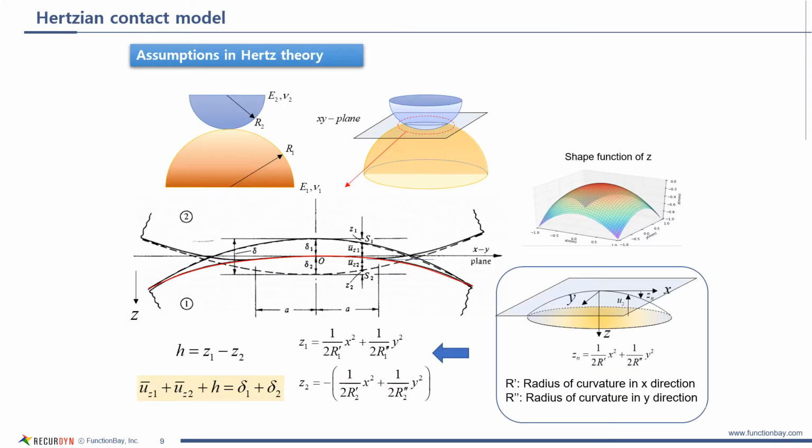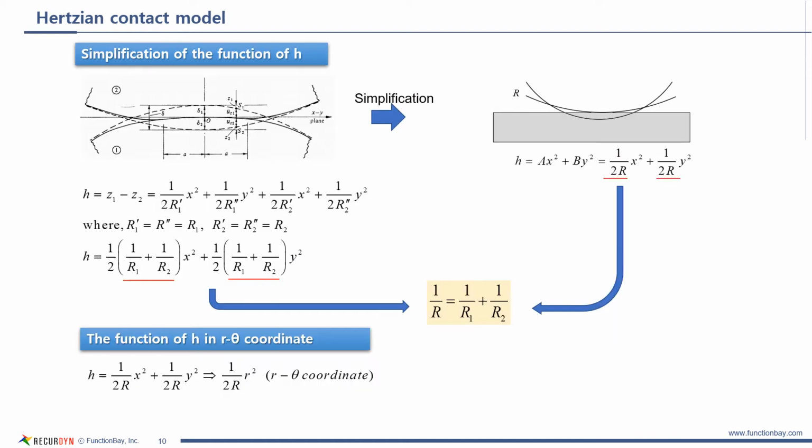Similar to most of CAE software contacts, RecurDyn contacts are based on Hertzian contact model. The key is that this Hertzian contact model uses penetration between two objects. I will explain this later again.